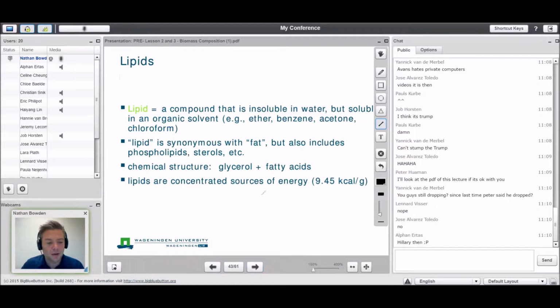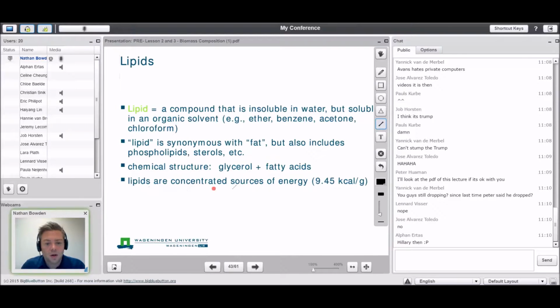A lipid, a fat, is a compound that is insoluble in water but soluble in an organic solvent. Organic solvents we'll be going into again more, but ether, benzene, ethanol, acetone, chloroform, these are all organic solvents. Lipid is synonymous with fat, but also includes phospholipids, sterols, etc. The chemical structure of lipids is glycerol plus a fatty acid.